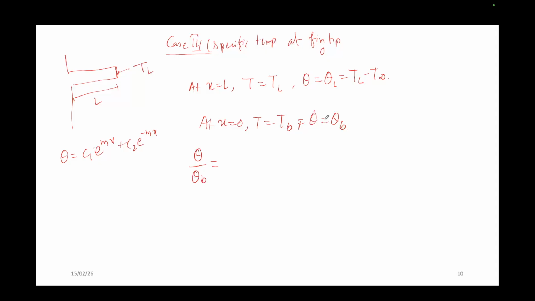Let me check this equation. Even I do not always recall it.